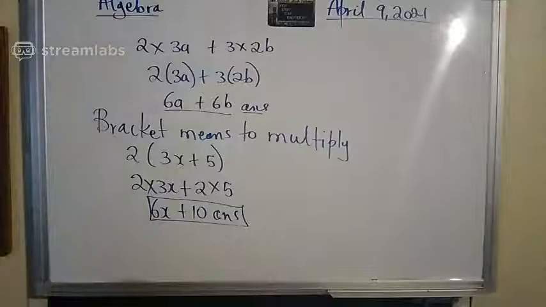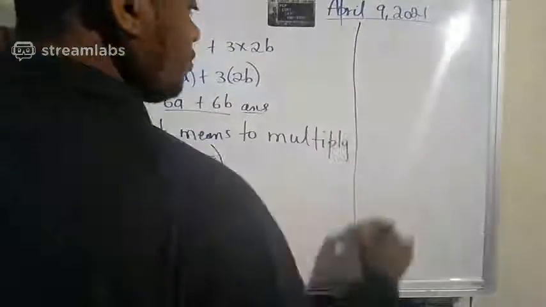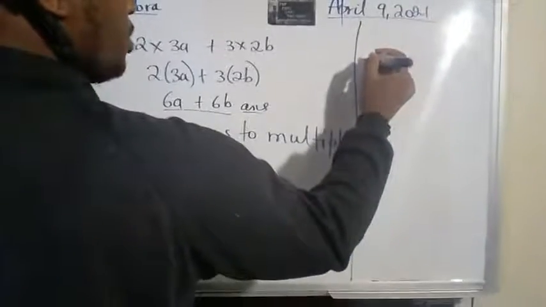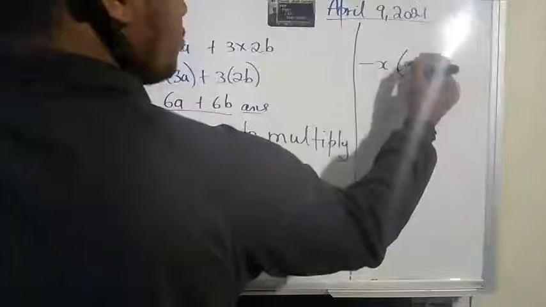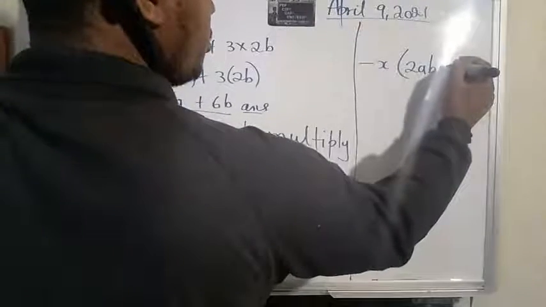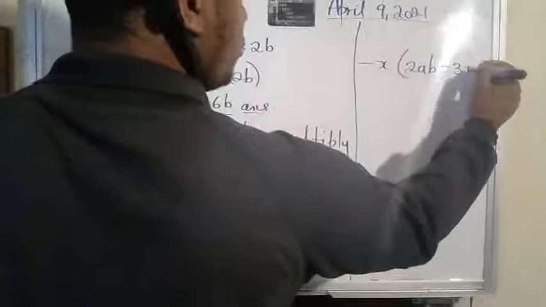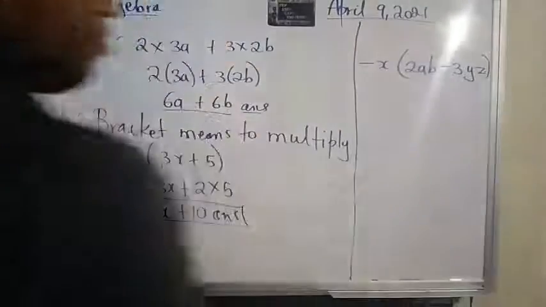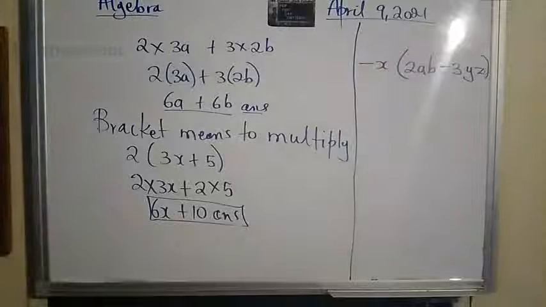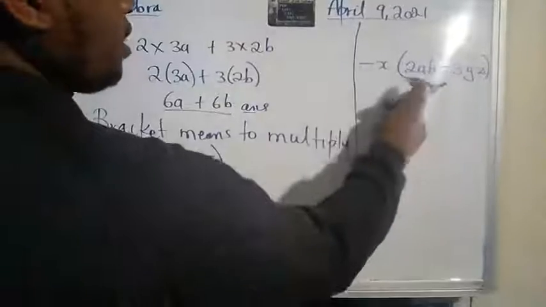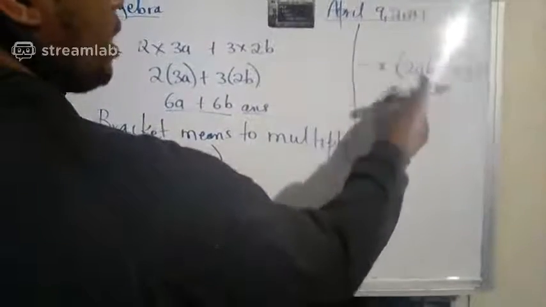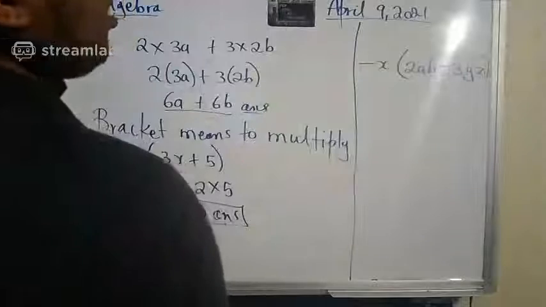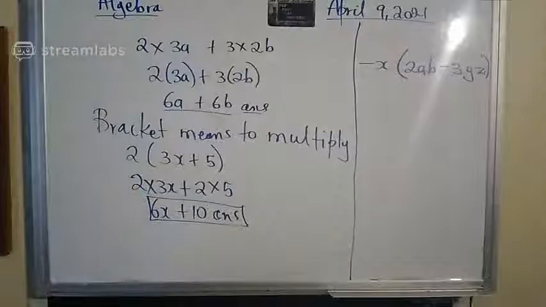Alright, what if we have a different scenario? Let us say, I know you guys are afraid of the negative, right? So let us say we have negative x times 2ab minus 3yz. Now we are multiplying by a negative x. So negative x times 2, a positive times a negative is negative. The only time we get a positive is when both signs are the same.